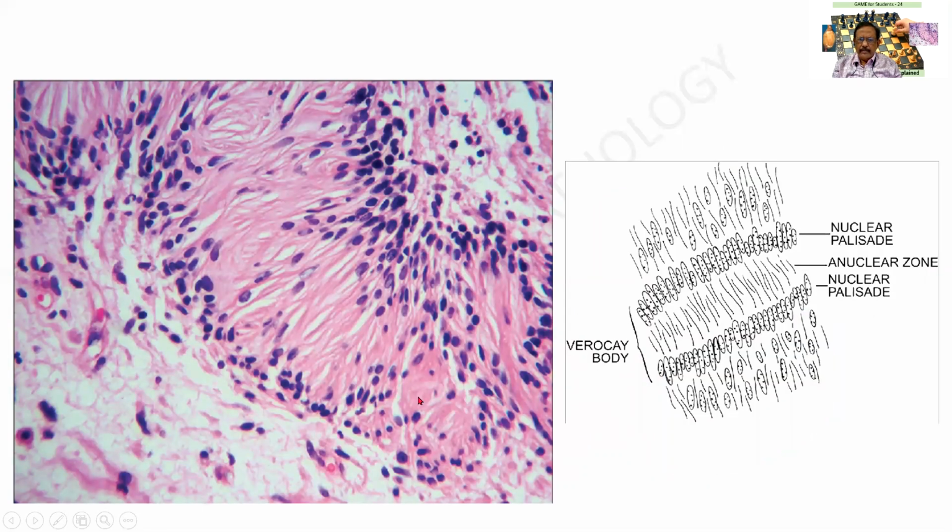And coming to the slide proper, there are two zones as I had mentioned. One is called the cellular area, otherwise the Antoni A area. And the other area compared to this is relatively acellular. This is called the Antoni B area.